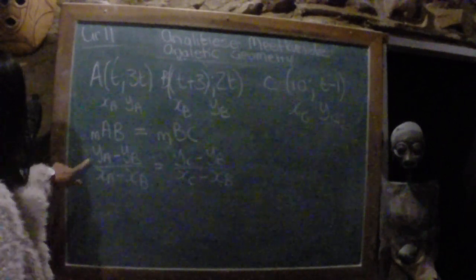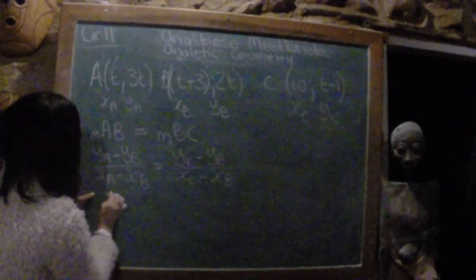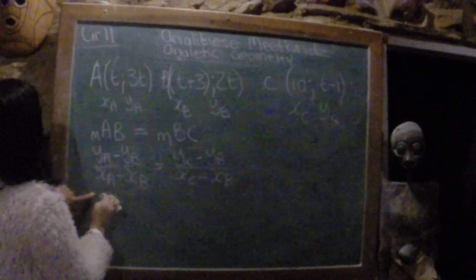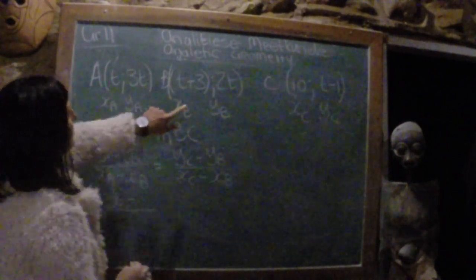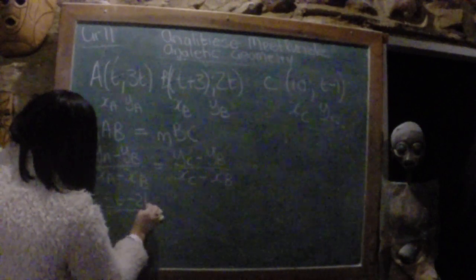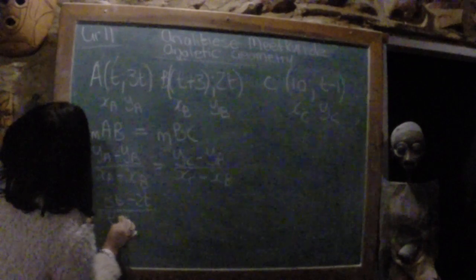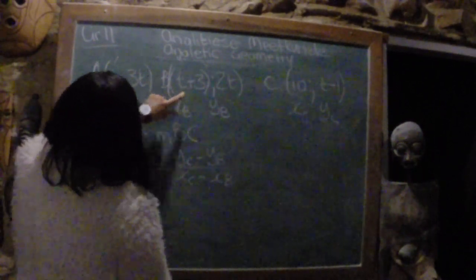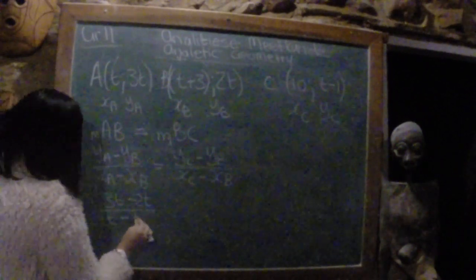Okay, let's substitute. Y van A is 3T op minus die y van B, 2T. X van A minus the x of B. And be careful, because this must now be in brackets.